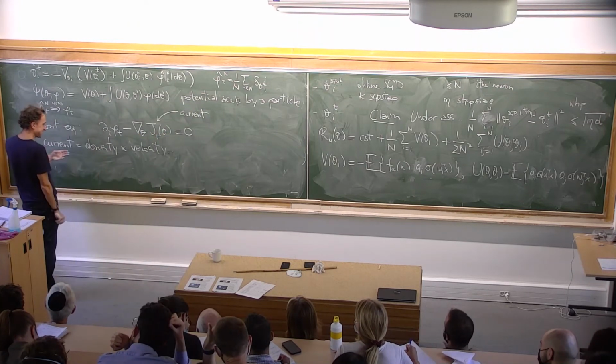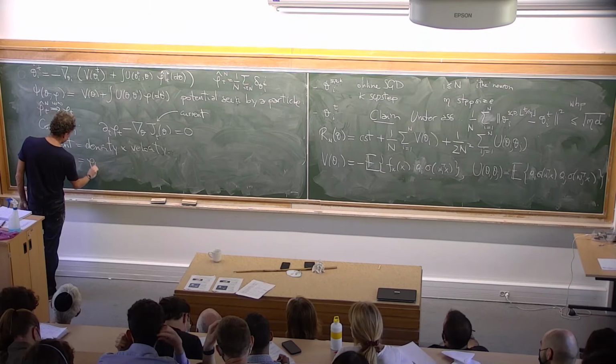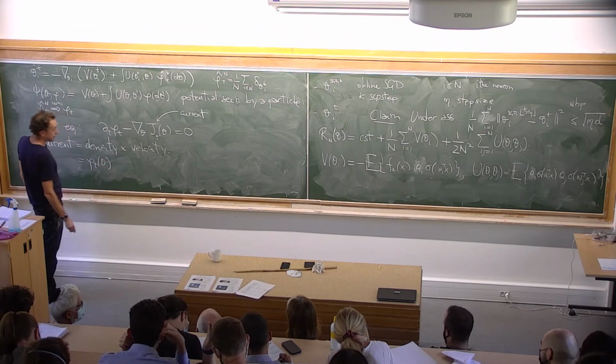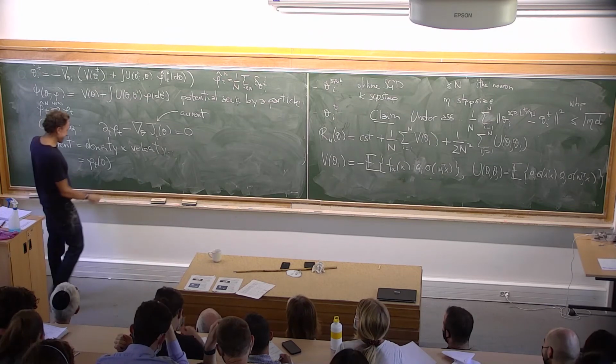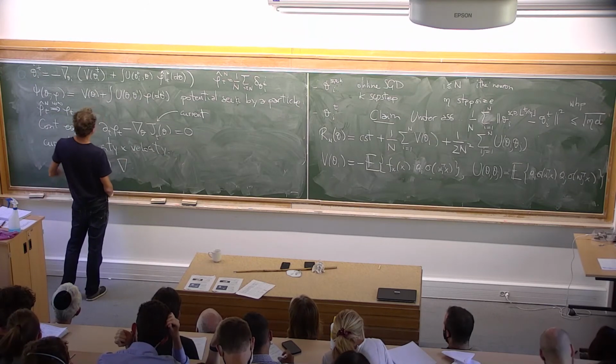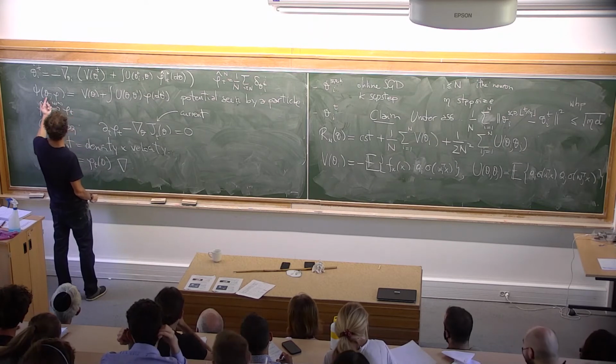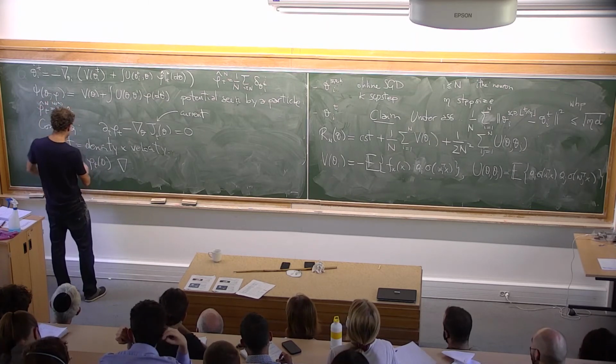So the current is density times the velocity. This is rho t of theta. And the velocity is just, we saw it, minus the gradient of psi.